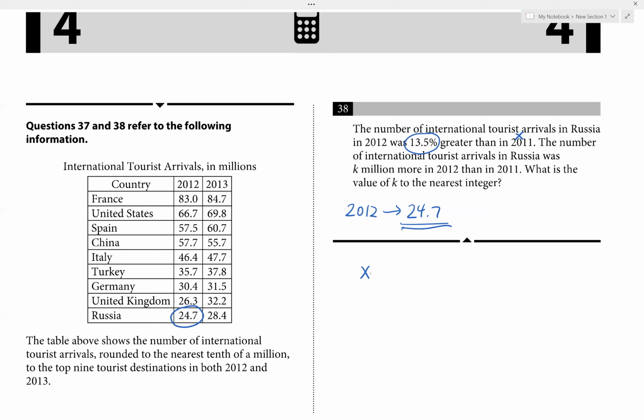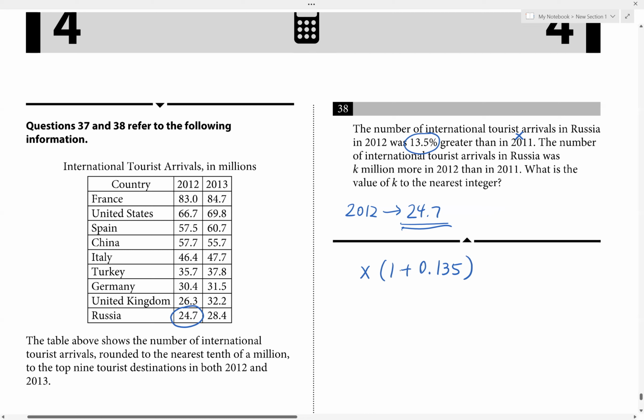So the equation will say X times 1 plus 13.5%. Convert to a decimal: 13.5% is 0.135, moving the decimal point to the left two times.